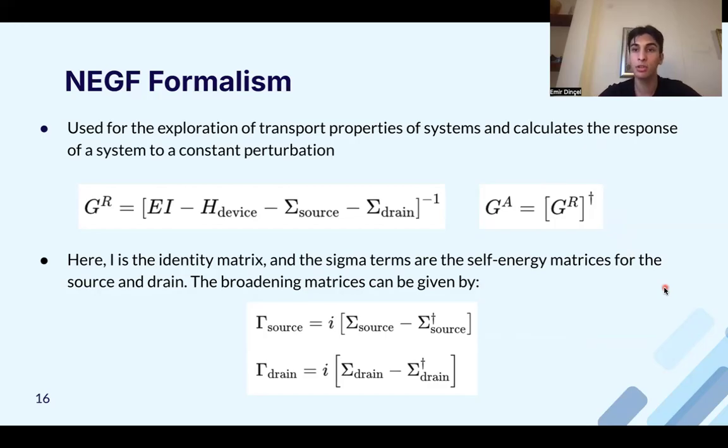In this case, we will use the retarded Green's function, which can be written as this formula here, where I is the identity matrix and the sigma terms refer to the self-energy matrices for source and drain. And we can rewrite it as the advanced Green's function like this. In addition, we can use the broadening matrices, which are given below, in our Green's function.